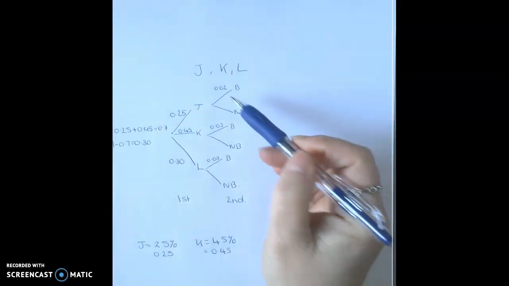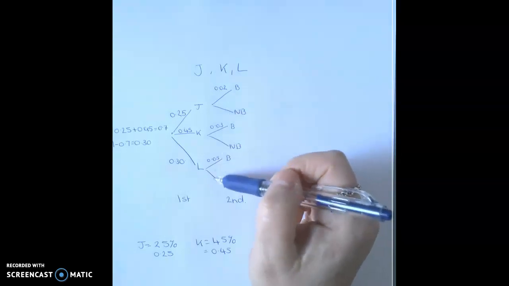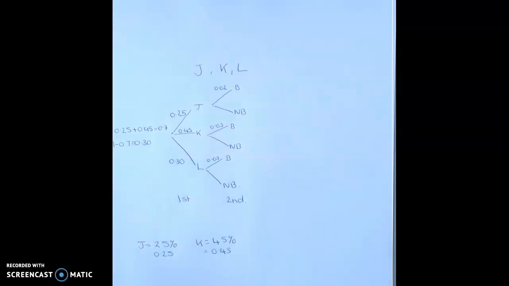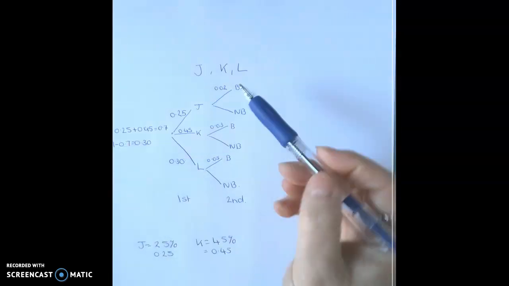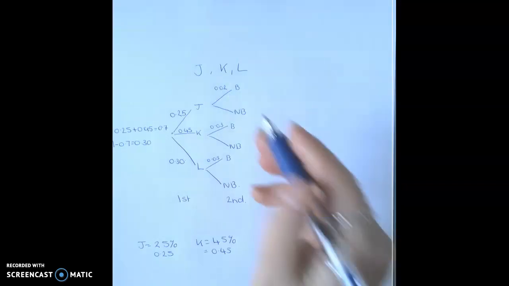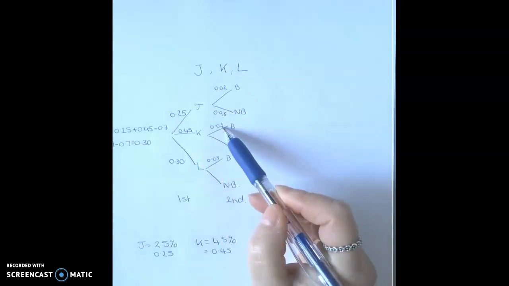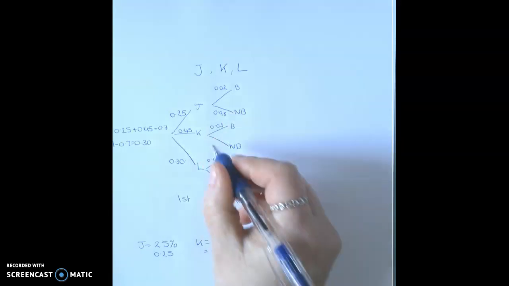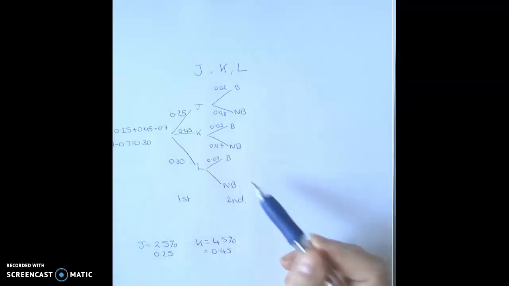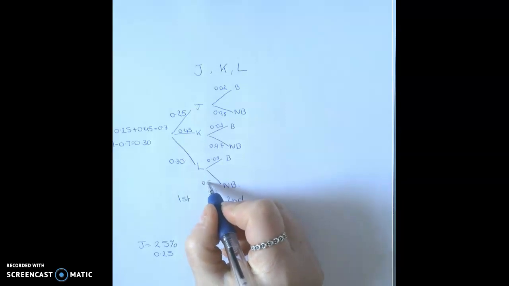Now, because we've got the first part of each of these branches, we can again use this rule of the branches adding up to 1 to work out what this would be. So 1 minus 0.02 is 0.98. 1 minus 0.03 is 0.97. And 1 minus 0.05 is 0.95.